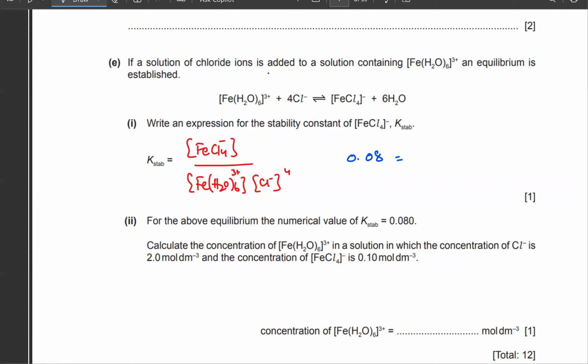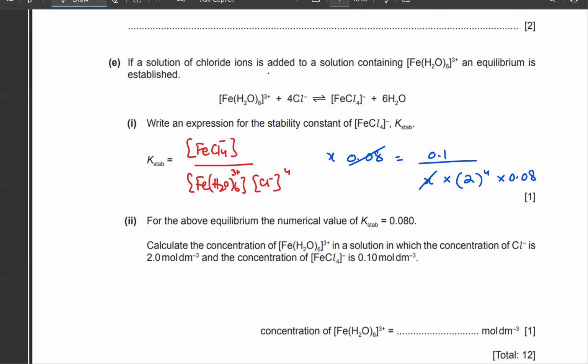The FeCl4- concentration is given, that's 0.1. The Fe(H2O)6 3+ concentration is not given, and the Cl- concentration is also given, that's 2 mol per dm3, and that's to the power 4. So you're supposed to find out x. So you can just switch the positions.